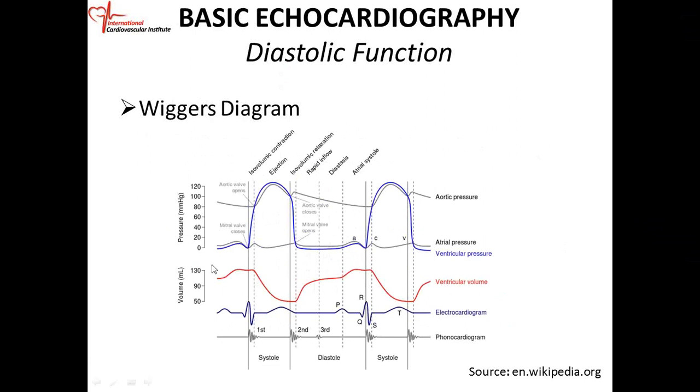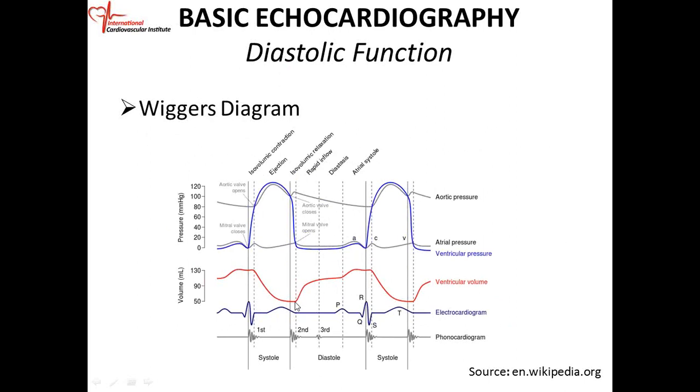When you look at the left ventricular volume, the amount of blood that's in the left ventricle, in systole the blood is pumped out of the left ventricle, so the left ventricular volume decreases.